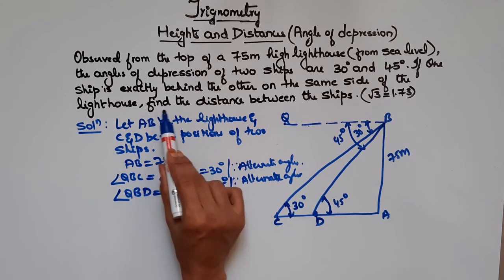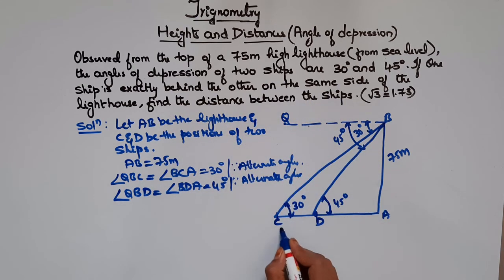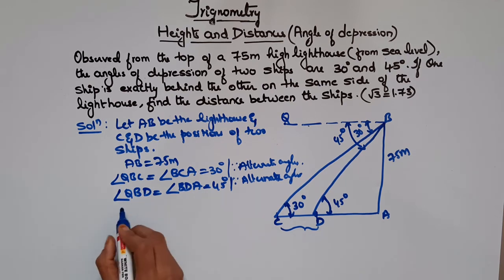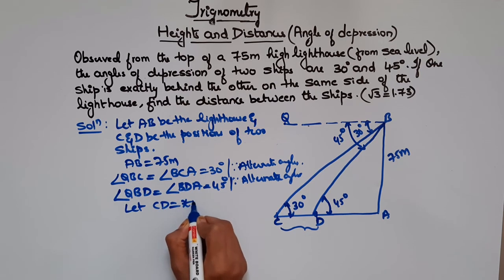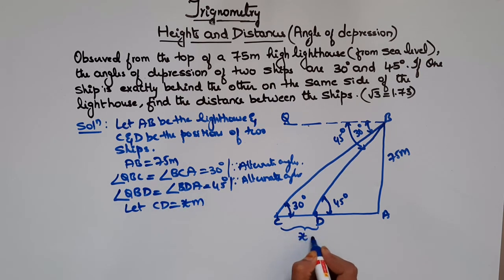So our aim is to find the distance between the ships, that is this, right? So now let CD is equal to x meters. So let's take this CD as x meters.